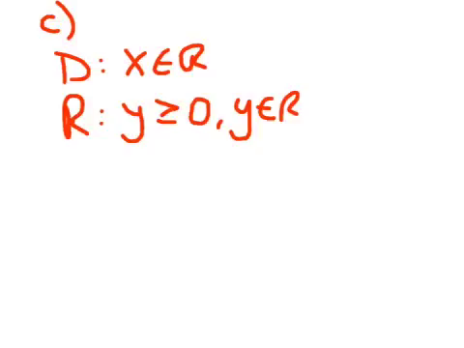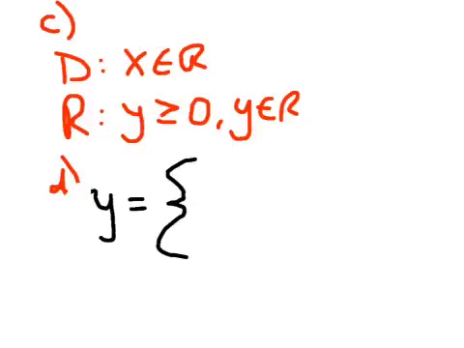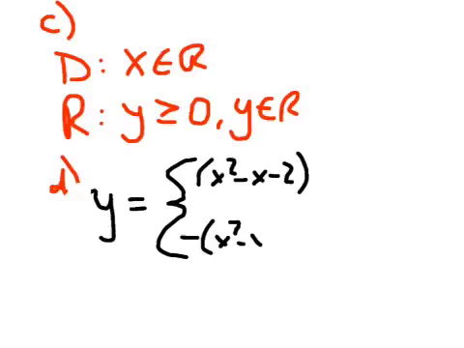Okay. When it comes to our piecewise function in part D, okay, remember it's y. That's quite the y there. Okay, y equals, and we put our bracket in there. Remember, it's positive x squared minus x minus 2, and it could be negative x squared minus x minus 2.